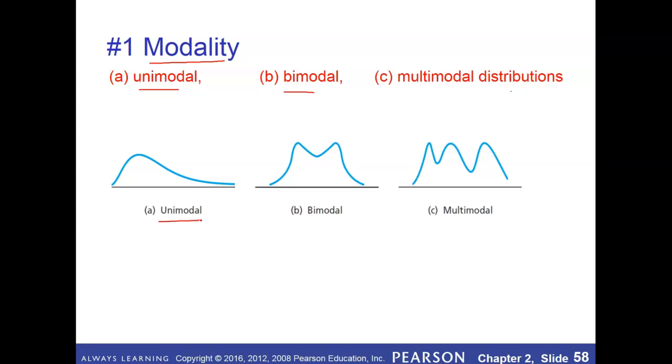As a teacher, it's nice to have unimodal data because that's where you'd spend most of your time teaching. If you have bimodal data, man, you have a group of people that really don't understand something and then a group of people that do understand it. And so where do you spend most of your time teaching? That's more difficult to do. But the modality is where are the peaks in the graph and how many?